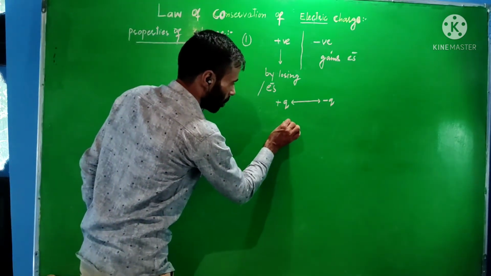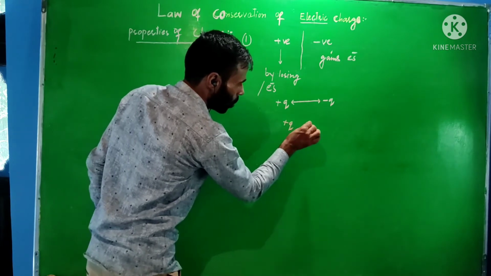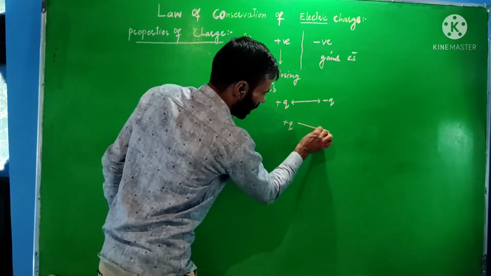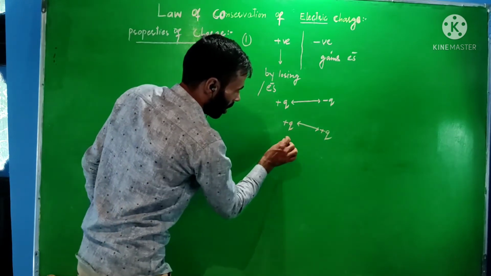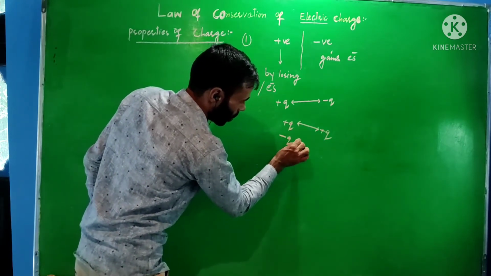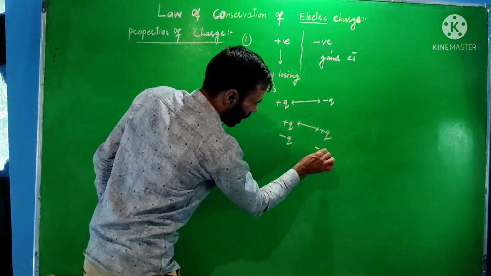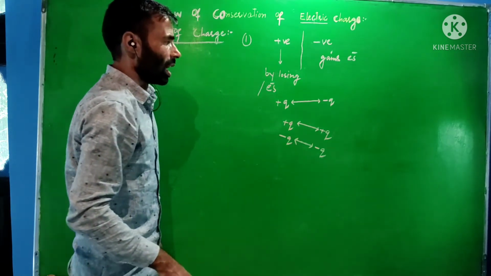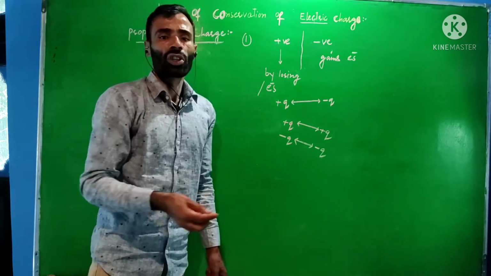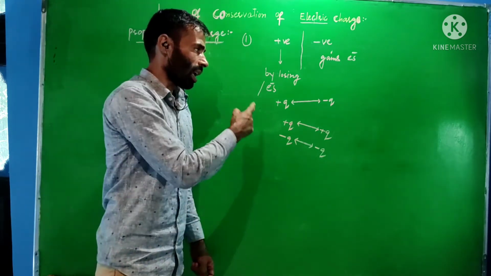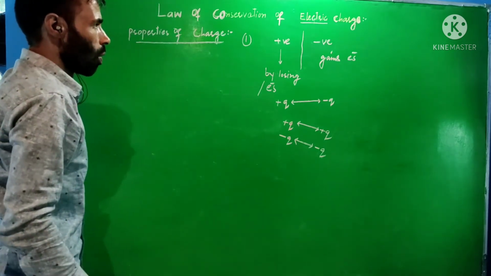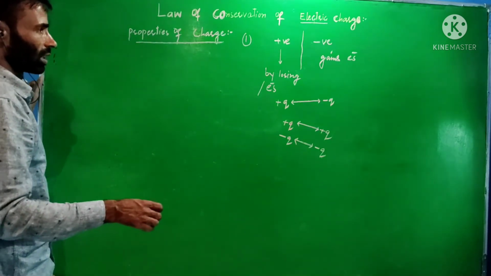If we bring two similar charges close to each other, then they will repel each other. For example, if minus q and minus q are brought close to each other, they will repel each other. I can say like charges repel and unlike charges attract each other. So this is one property of electric charge.